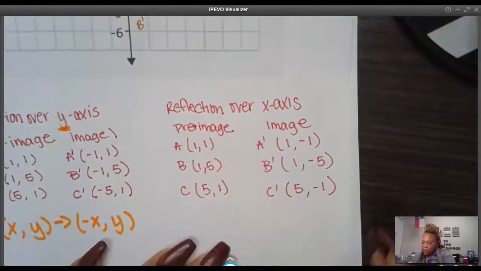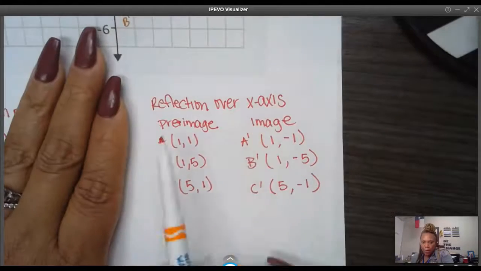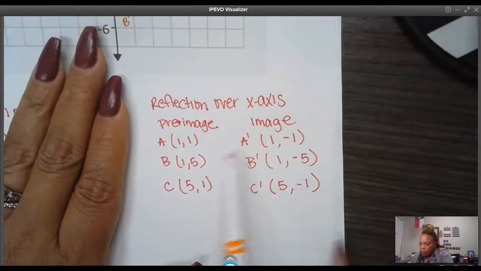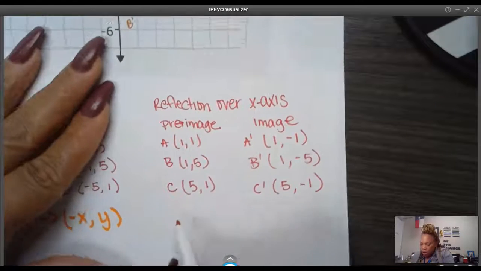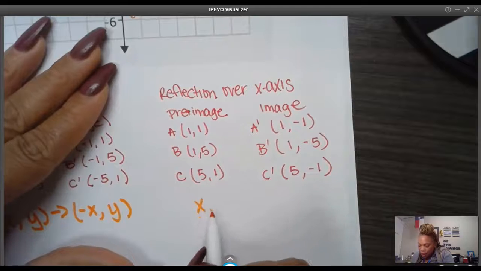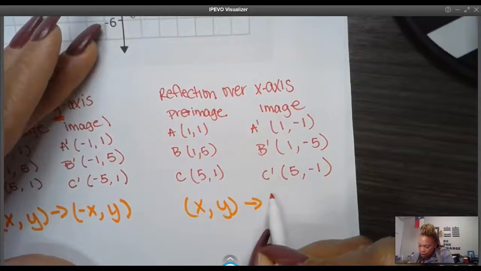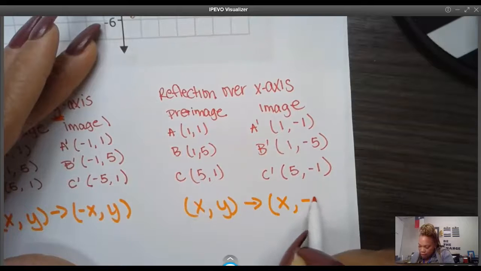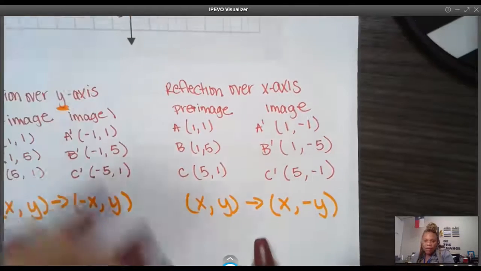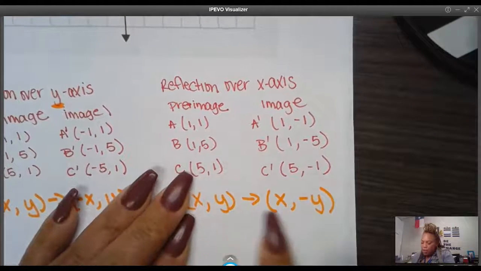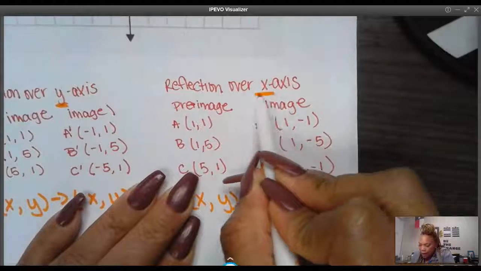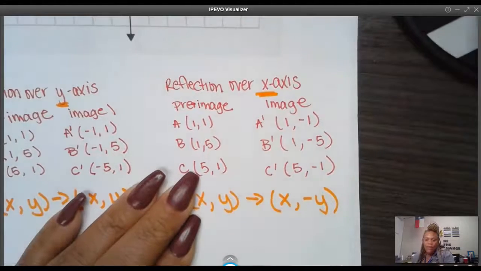Versus on a reflection over the x-axis, if I look at my pre-image and my image: 1, 1, 1, -1. 1, 5, 1, -5. 5, 1, 5, -1. Hopefully here you have noticed that my x, y values now change to x, -y. So the only thing that changed when I reflect over my x-axis is the y value.